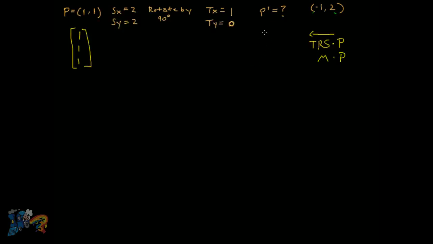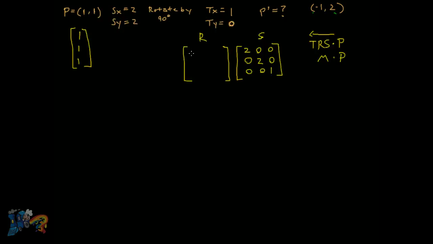Okay. So start with our scale matrix. Our scale matrix is we need 0, 0, just like so. This is our x scale, and this is our y scale. So this is 2 and 2. This is our scale matrix. Our rotation matrix is going to be, we're rotating by 90 degrees.